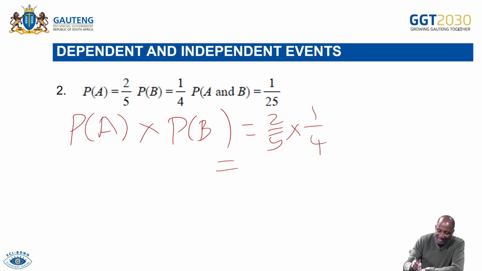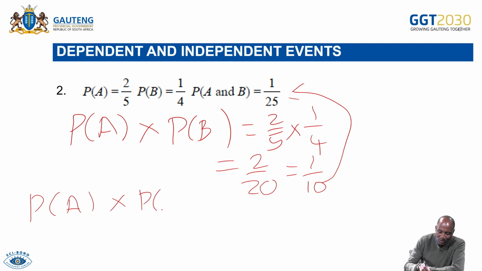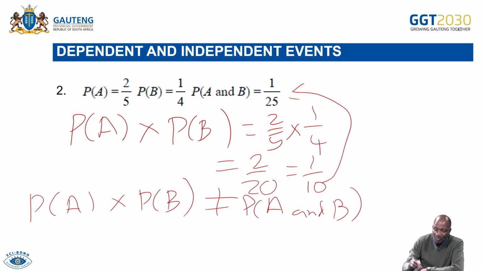The final answer I'm getting here is 2 divided by 20, which comes to 1 divided by 10, which is not the same as their intersection. So probability of A multiplied by probability of B is not equal to probability of A and B, which should be the case.